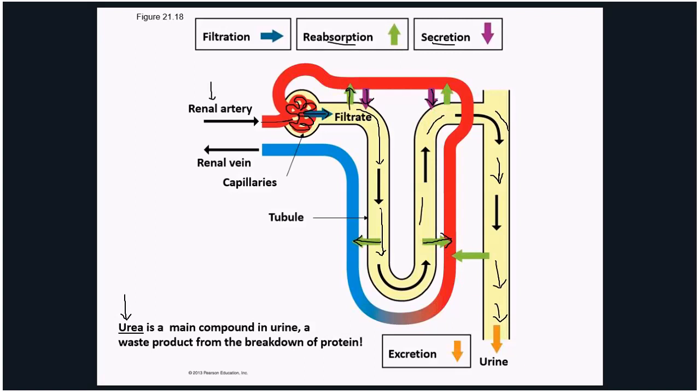So I'm going to flip over to a whiteboard here. I've pre-drawn a nephron, and you'll have to excuse my drawing, but sometimes it helps to see things drawn as they're explained. Coming away from our heart, we have this renal artery that's high in oxygen.